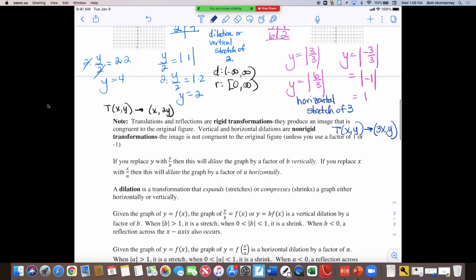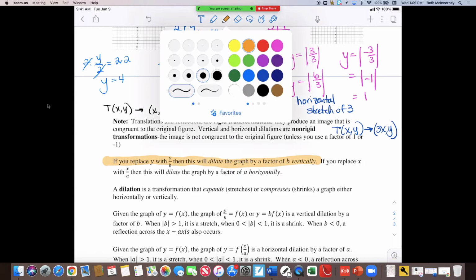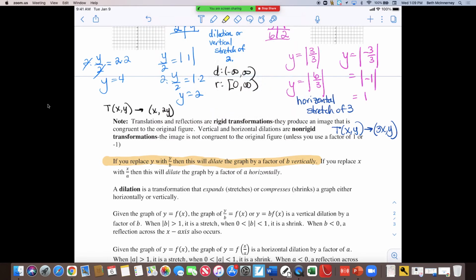So here I want you to use your highlighter. If you replace y with y over b, then that will dilate the graph by a factor of b vertically. If you replace x with x over a, that will dilate the graph by a factor of a horizontally.